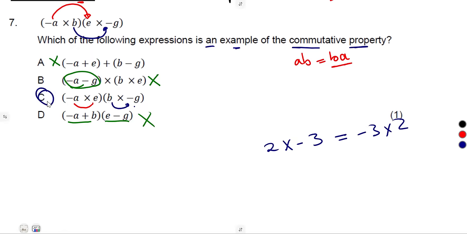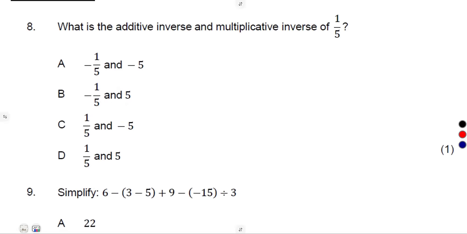So the best answer was going to be C. The changing of the order of the given factors does not affect the resultant product of the given numbers or the given terms.